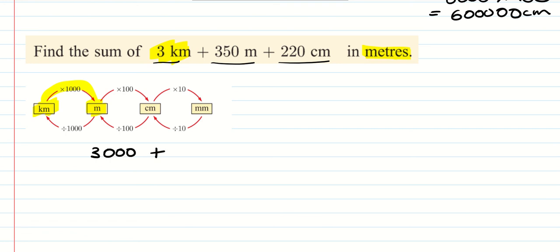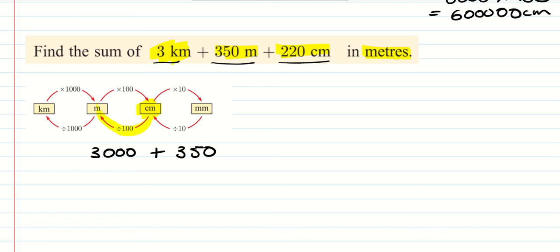Plus, the next thing I've got is 350 metres. It's already in the units that I want, so I can just add that straight in. And the last one is 220 centimetres. So that starts off in centimetres, and we have to convert that to metres by dividing by 100.